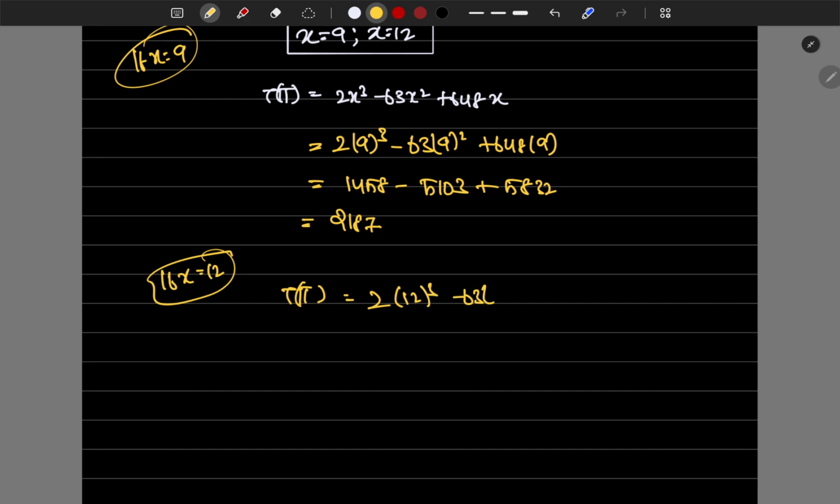If x is equal to 12, total profit will be 2 into 12 cube minus 63 into 12 square plus 648 into 12. 12 into 12 into 12 is 1728, times 2 is 3456. 12 into 12 into 63 is 9072, plus 7776. 3456 minus 9072 plus 7776 is 2160.